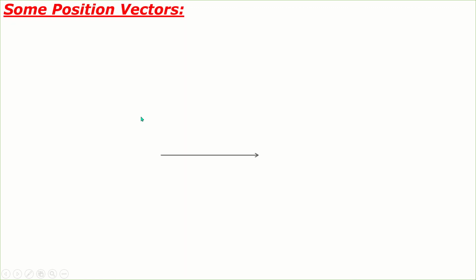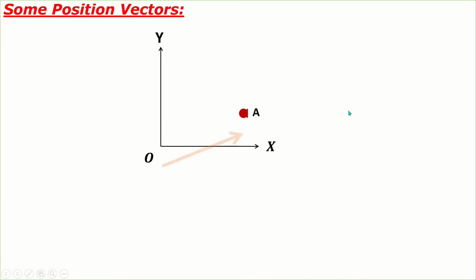Some position vectors. a is the position vector of A with respect to O. b is the position vector of B with respect to O. And BA, the vector of the line BA, is a minus b.